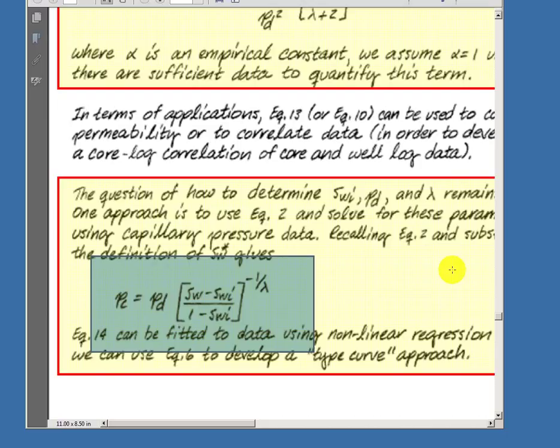But you have to know what in that equation in order to do what you're describing. Do you have to know PD? Nope. Do you have to know lambda? Nope. Because PD is the intercept and lambda is the slope. So what's SWI? You got trouble. Because the whole thing will shift depending on the SWI value.